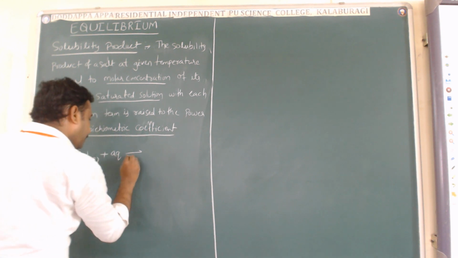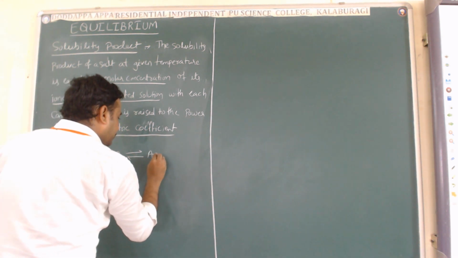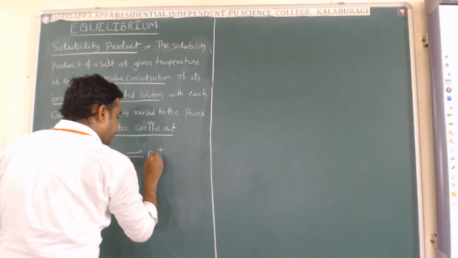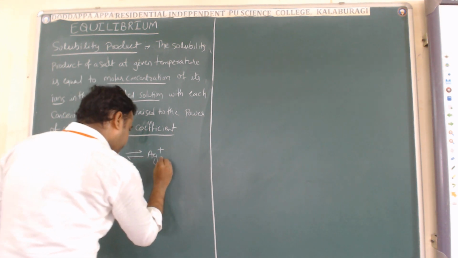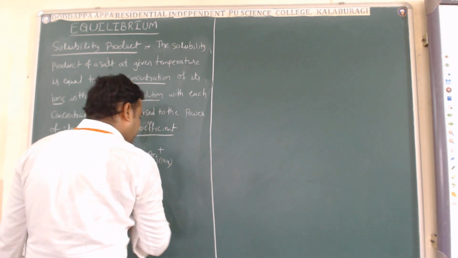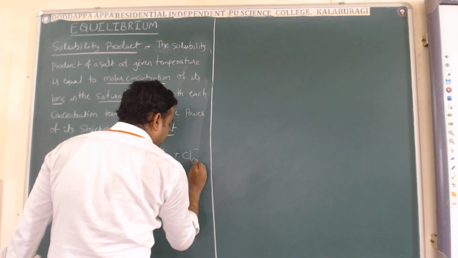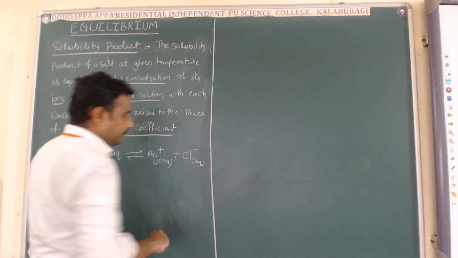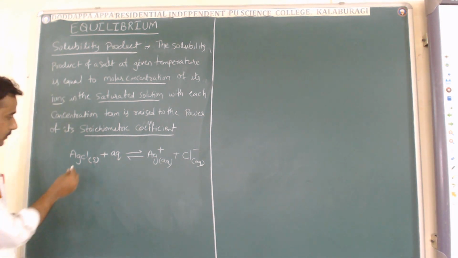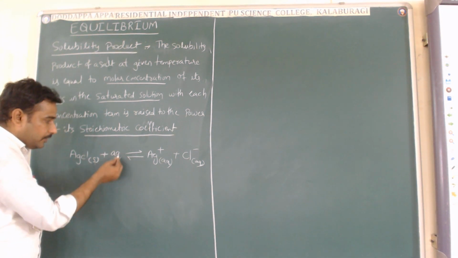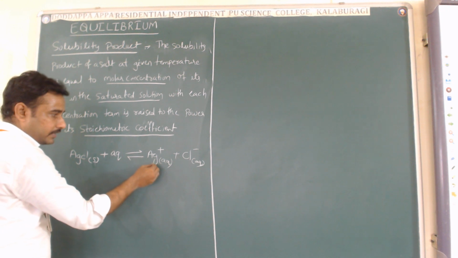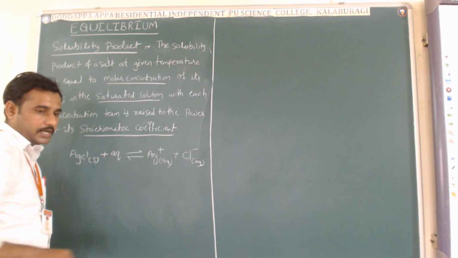It starts dissolving to give Ag+, present in aqueous form. Next, it dissociates to give Cl-. So silver chloride, when dissolved in water, gives silver ions and chloride ions.